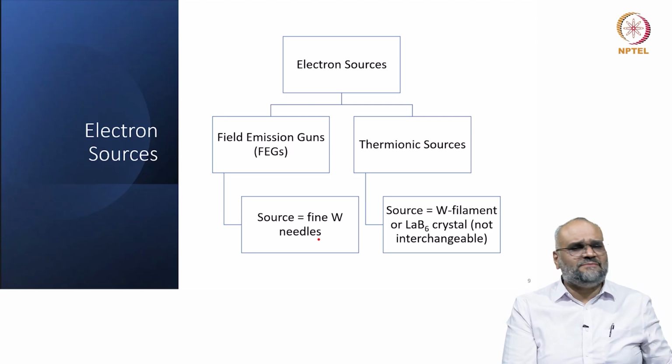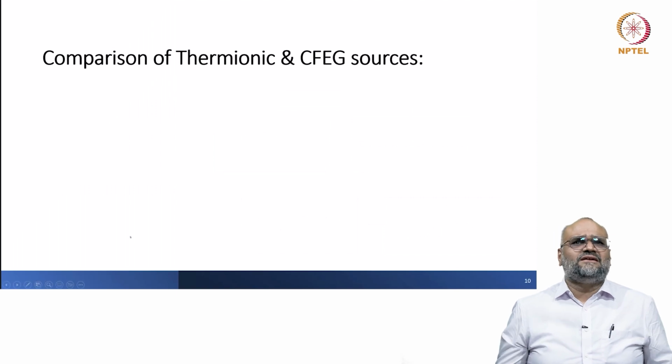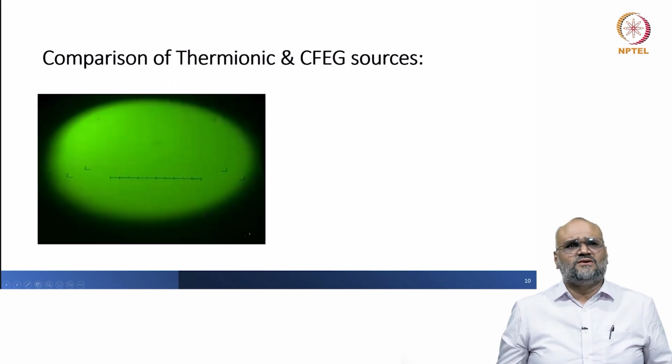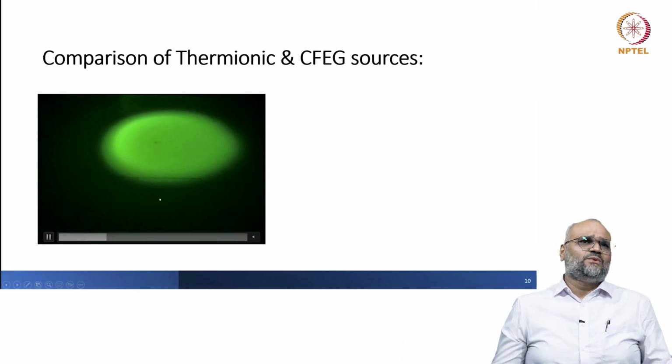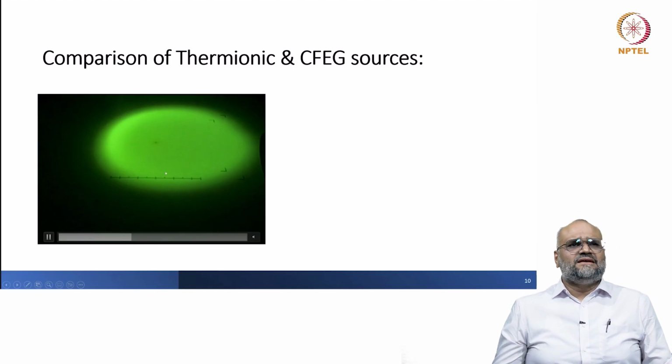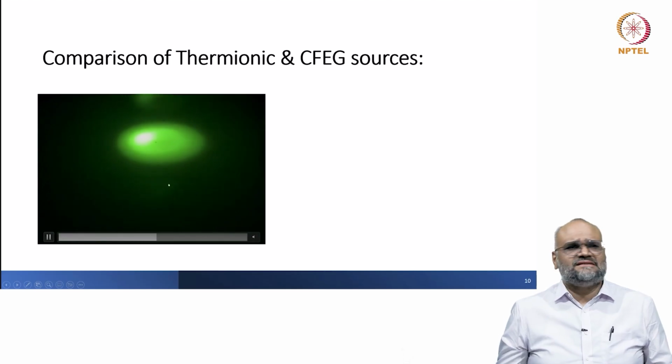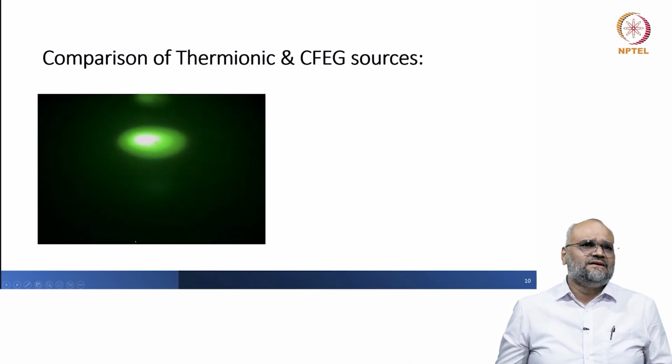So I'll give you an example of how a thermionic emitter and a cold field emitter look. The video on the left shows the source, which is a thermionic emitter. When I converge and spread the electron beam by changing intensity on the microscope, you can see that the point of convergence is rather large.